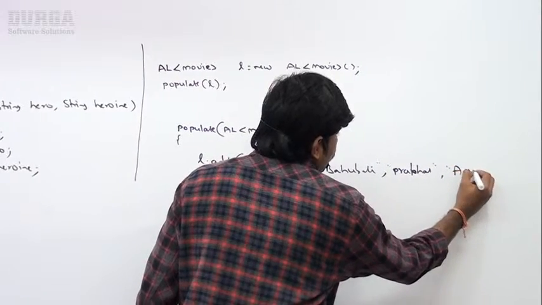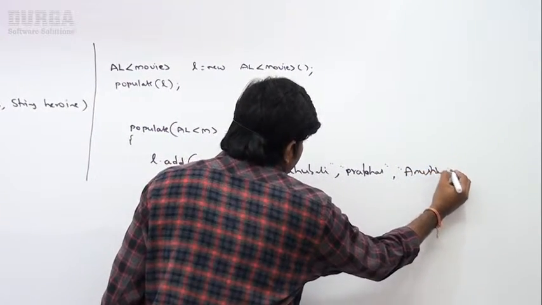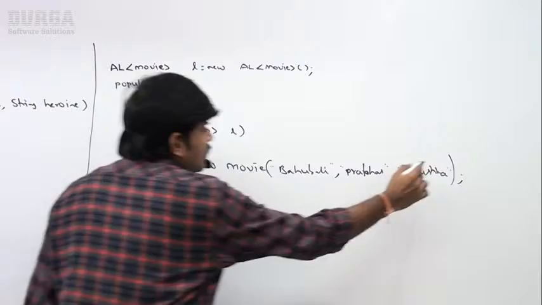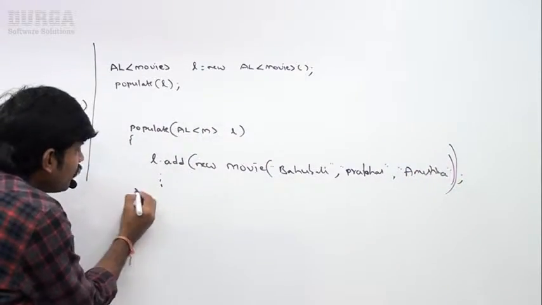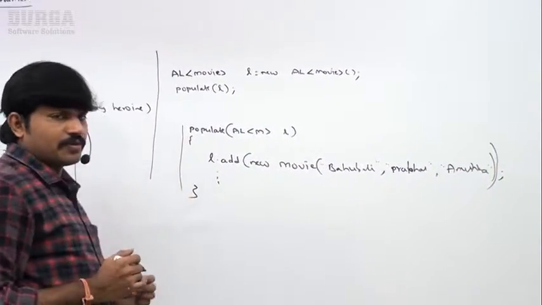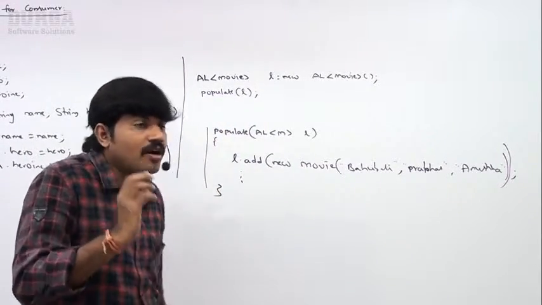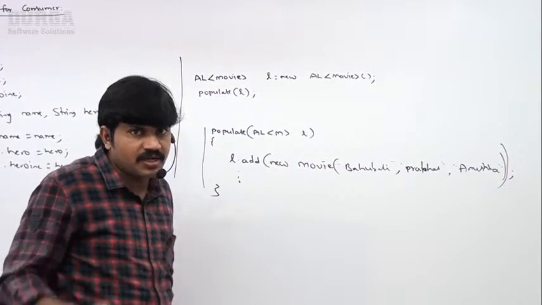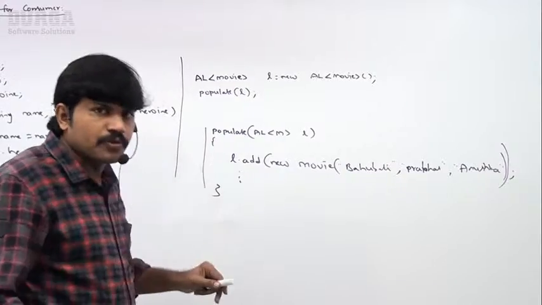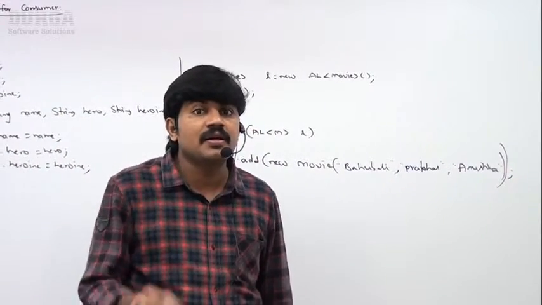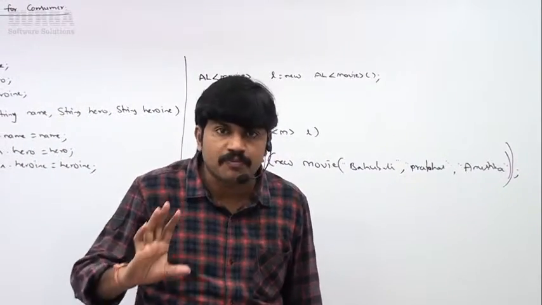Heroine, something like Anushka. Like I'm taking, sir. Have you observed? Like this we can add any number of objects. Now my ArrayList contains a group of movie objects. Are you able to understand, right? Sir, let me show up to this. Then for this list, how we can use the consumer concept, that part I will take care of. Have a look once, sir. Sir, a simple example.